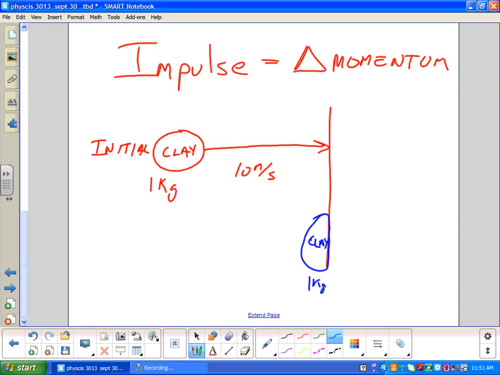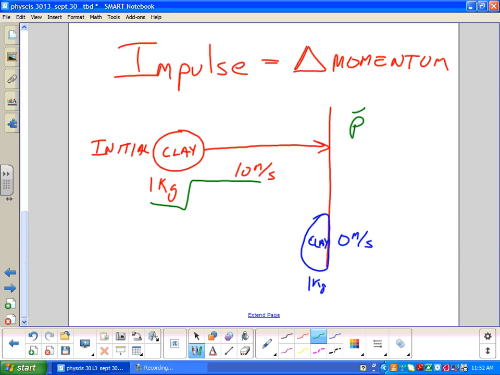The mass does not change, right? But what happens to the velocity once it's all done? It's zero. Stop. Right? Does everybody agree that the velocity now is 0 meters per second? So, if impulse is a change in momentum, initially this had a momentum of 10, right?